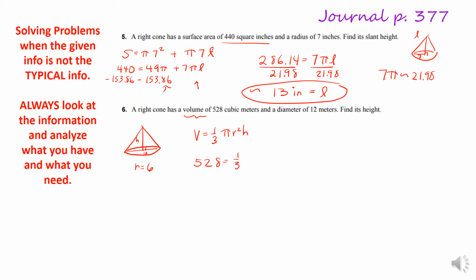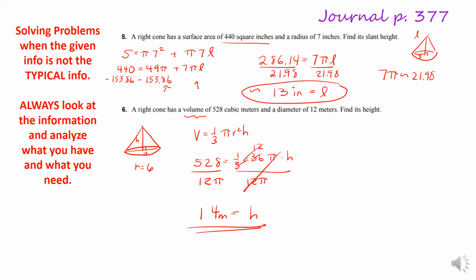I'm going to multiply 6 squared, so that'd be times 36 pi times h. Cross cancel, I get 12 pi. So I'm going to divide both sides by 12 pi. Those cancel, and I get h equals about 14 meters. And there's your final answer for that.